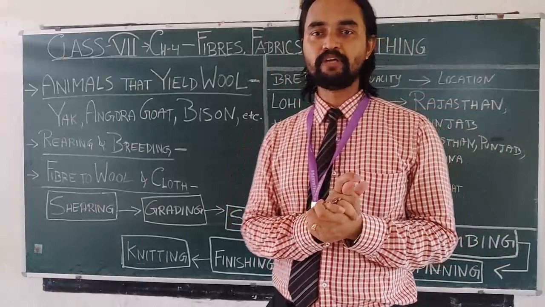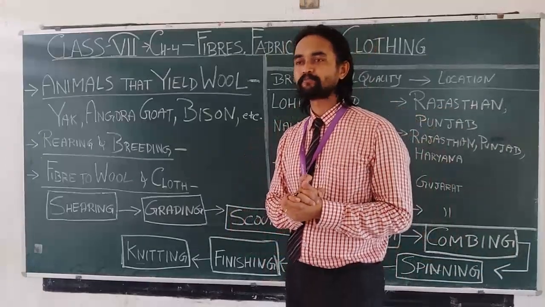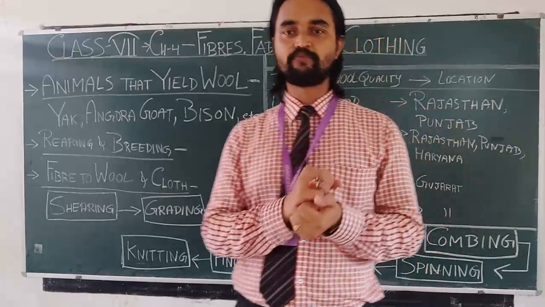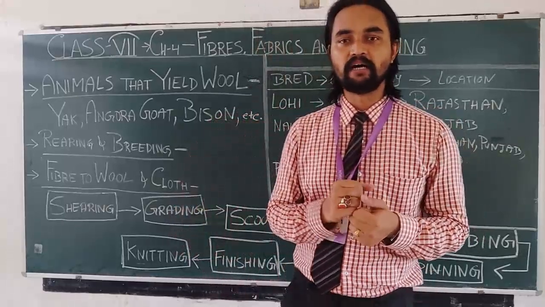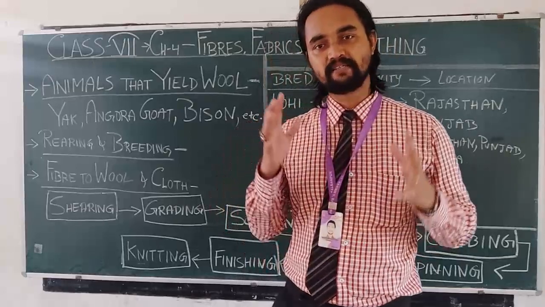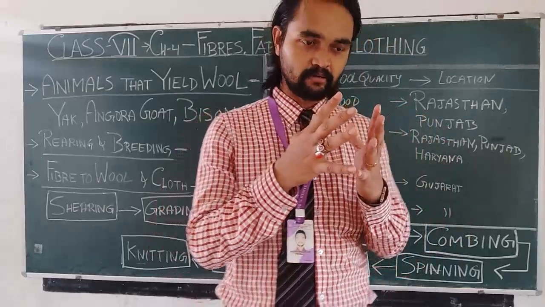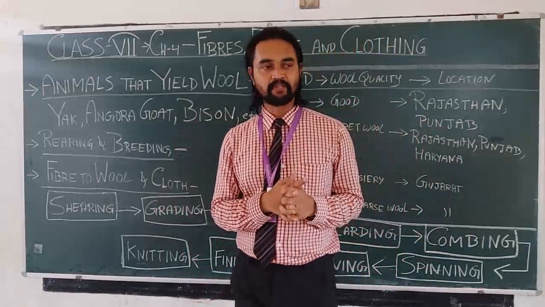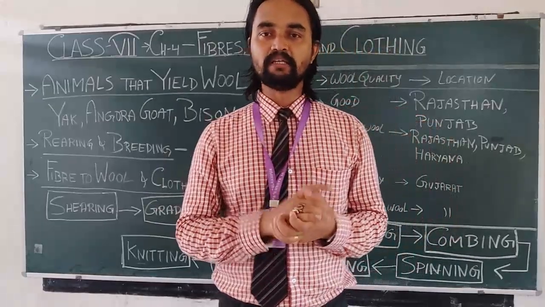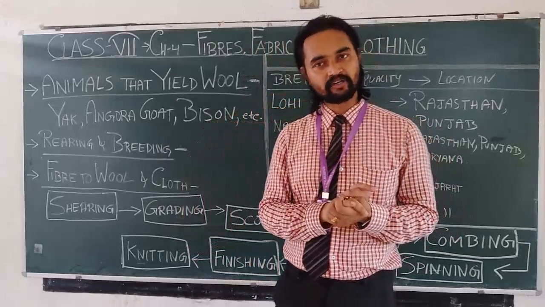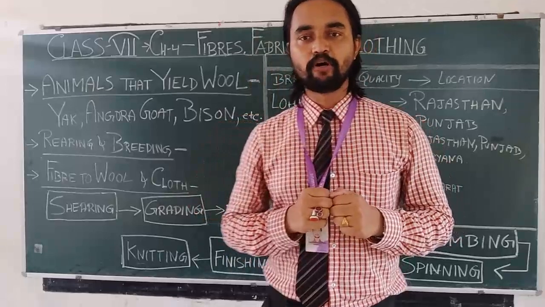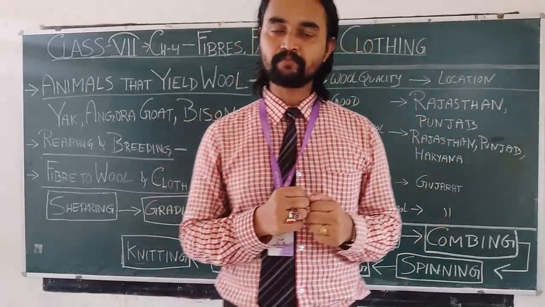First of all, we have to know that the fibers we use for making clothes are obtained from different plants, animals, different organisms. For example, cotton. When we use cotton clothes, they are prepared from threads of cotton, and we obtain the cotton from the plant.